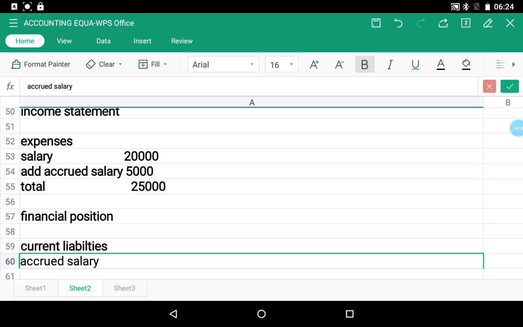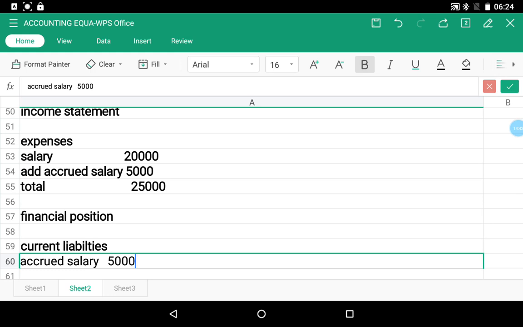When they give you accrued rent or accrued salary, it is the same. Or owing, it is the same. So here we're going to say accrued salary. It is how much? 5,000. Then you enter other transactions.